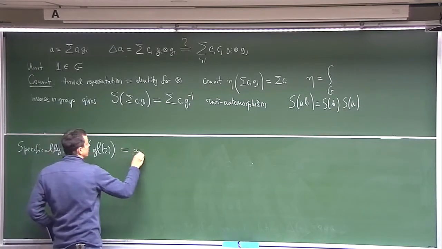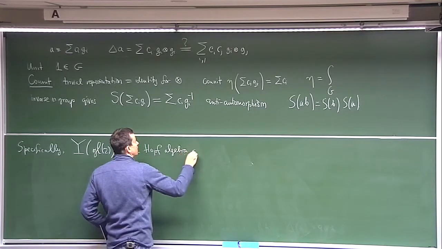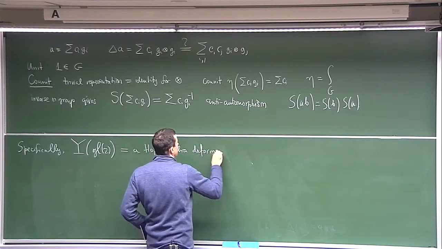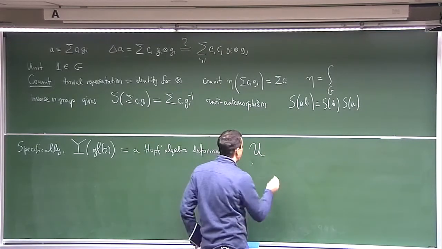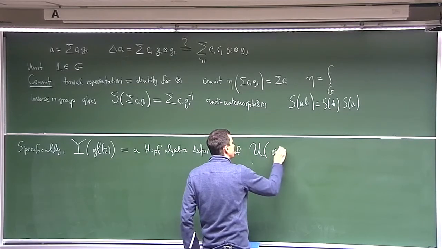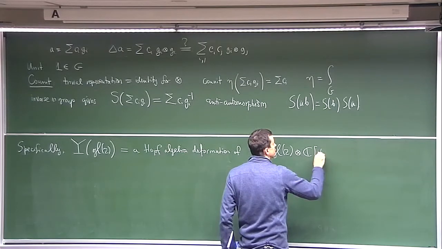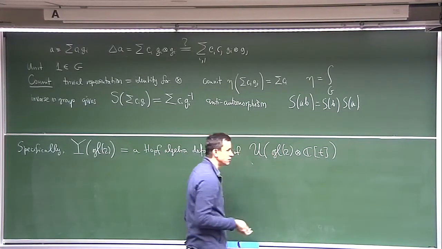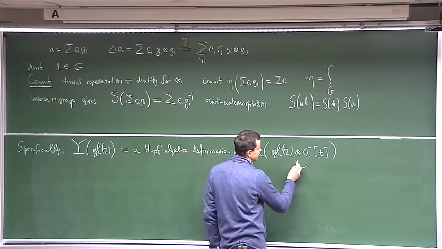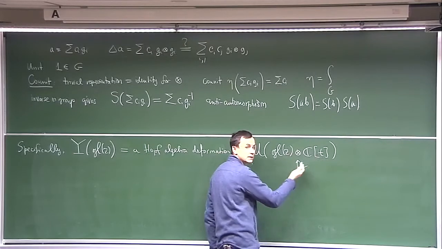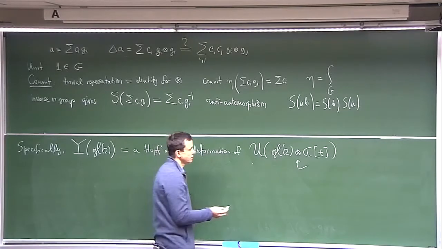This is a Hopf algebra deformation of the universal enveloping algebra of GL2, where you consider polynomials with values in GL2. It doesn't have to be complex numbers here. So these are polynomials with values in GL2 with commutator coefficient-wise or point-wise. That's all we have.